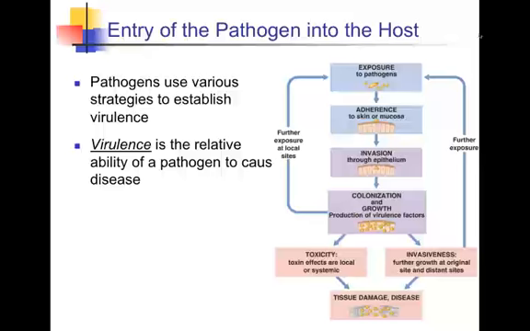Once that happens, that pathogen cell has to move into the host cell and then adhere to a suitable infection site. That can be on the skin surface, an epithelial lining, on a tissue surface if the organism is introduced into the circulatory system. And once that adherence occurs, the pathogen needs to sort of invade past that initial adherence site, grow into or past the lining of the tissue or the skin surface, and then be able to grow.